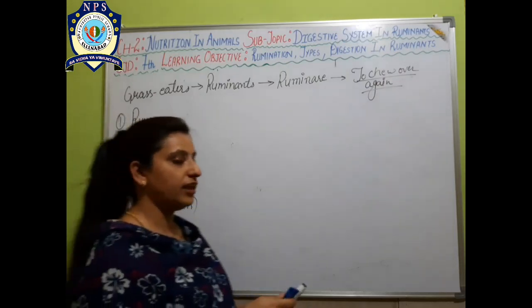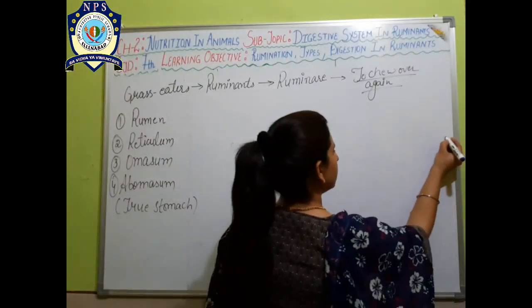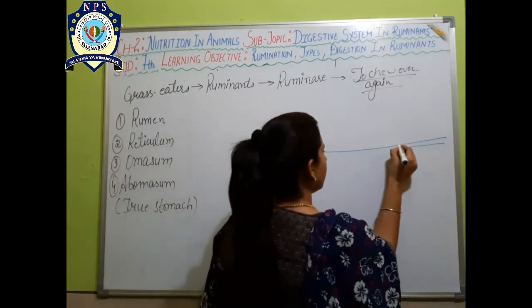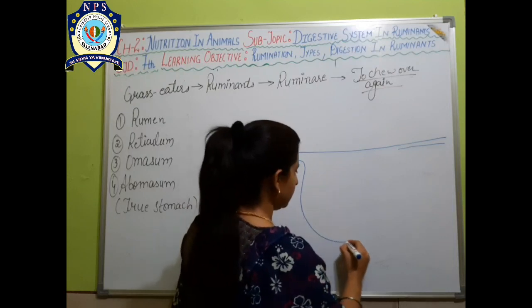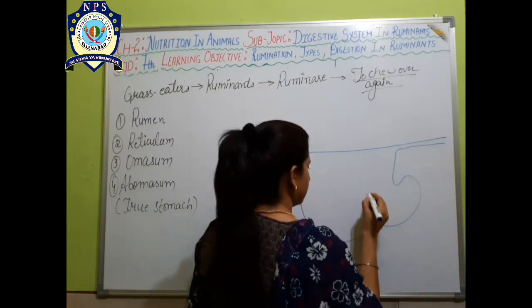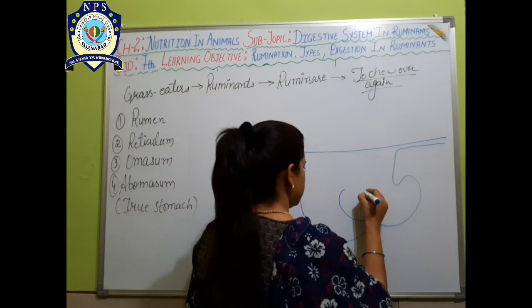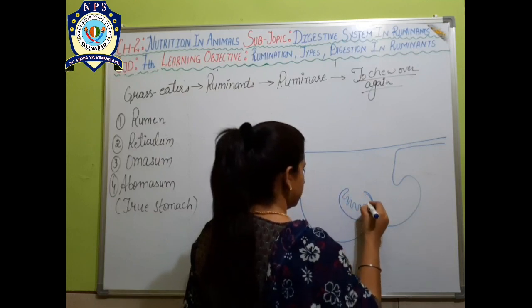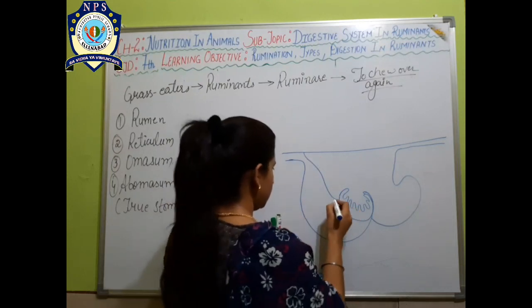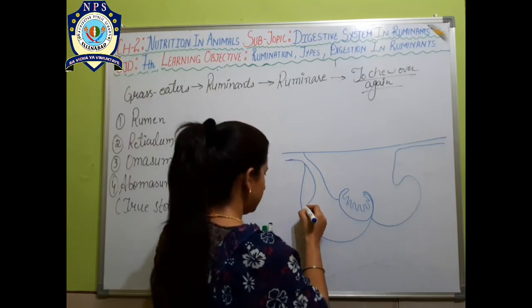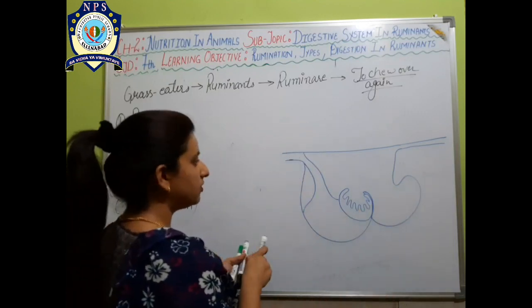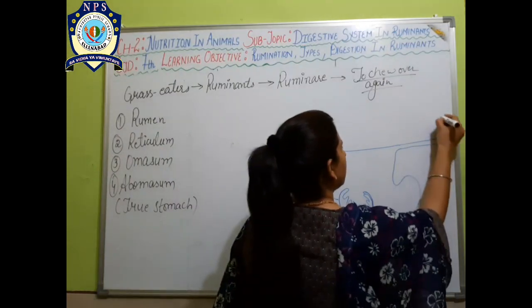Now we will very quickly draw a rough diagram of the digestive system of ruminants. So this is the mouth part.